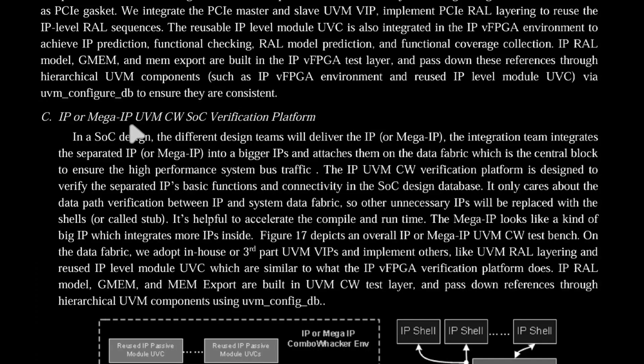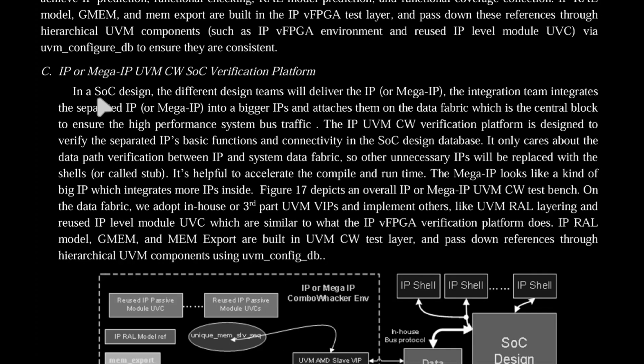The IP or Mega IP UVM CW SoC verification platform. In an SoC design, the different design teams will deliver the IP or Mega IP. The integration team integrated the separated IPs or Mega IPs into bigger IPs and attached them to the data fabric. The verification platform is designed to verify the separated IPs' basic functions and connectivity in the SoC design database.